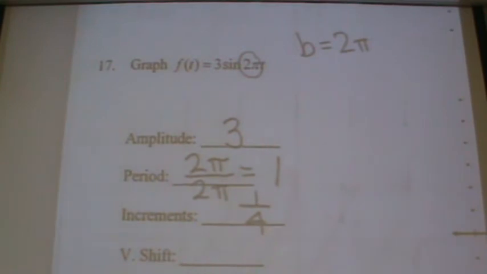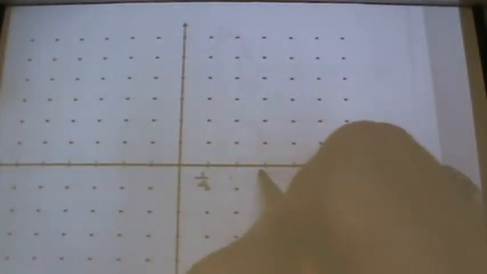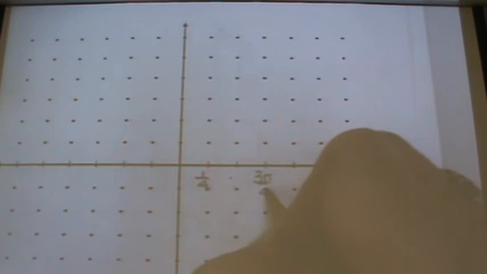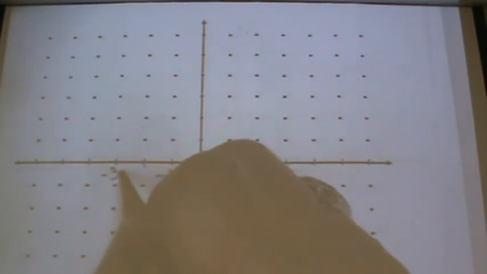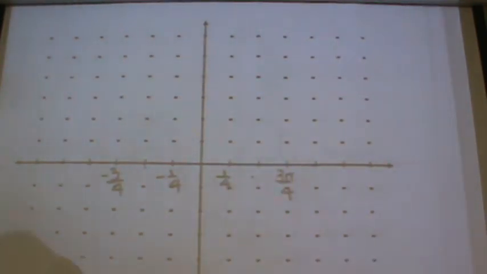A quarter. No shift up or down. So you're going to count by a quarter. So this is a quarter, 2 quarters, 3 quarters, 4 quarters, -1 quarter, -2 quarters, -3 quarters, in 4/4. And now we're doing the sine curve.